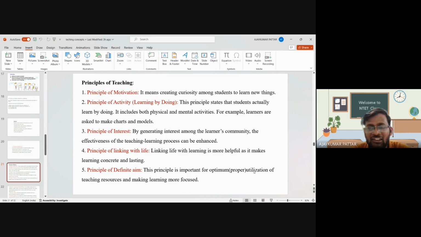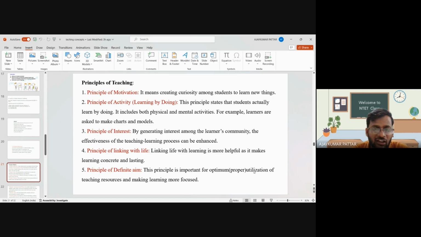It includes both physical and mental activities. For example, learners are asked to make charts and models. हमने मॉडल्स बनाने के लिए बोलते, चार्ट्स बनाने के लिए बोलते, कुछ प्रिपेयर करने के लिए बोलते. This is activity, learning by doing. What we learn by doing is more effective. That is the principle of activity. Activity करवाना है.